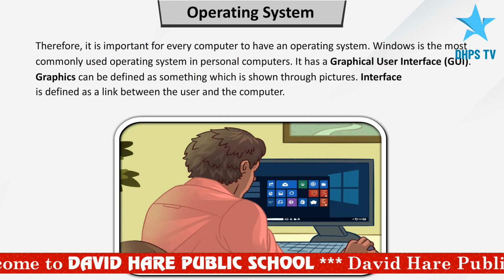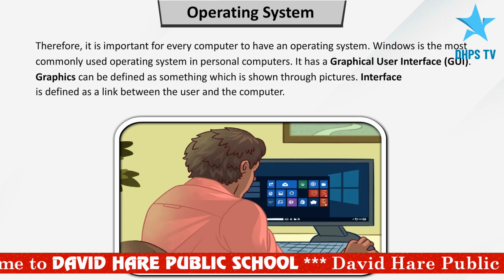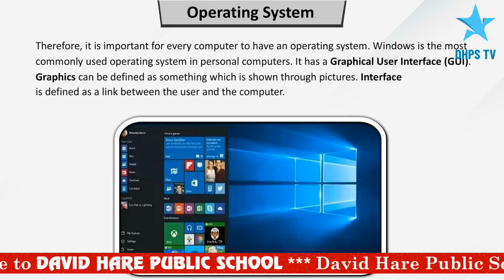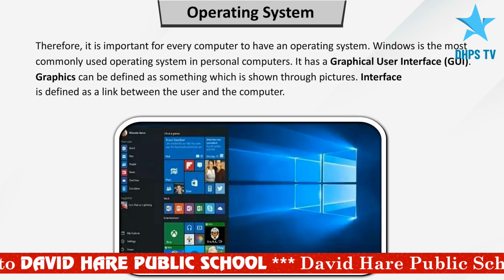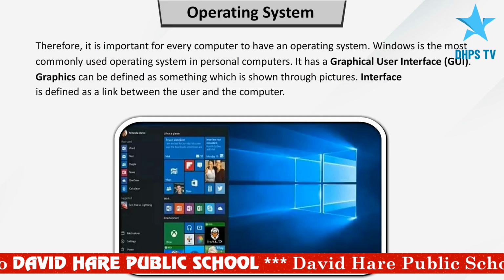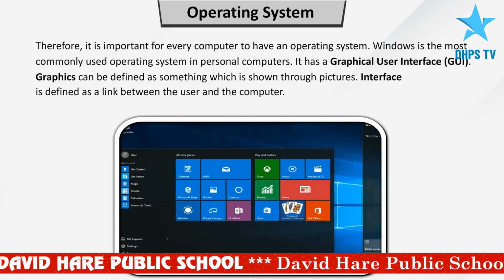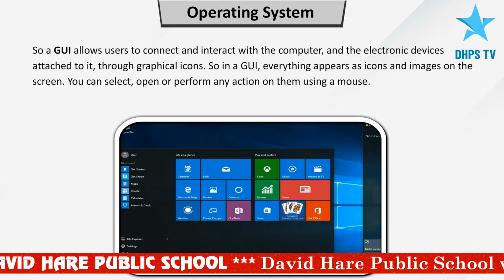Windows is the most commonly used operating system in personal computers. It has a graphical user interface, GUI. Graphics can be defined as something which is shown through pictures. Interface is defined as a link between the user and the computer.